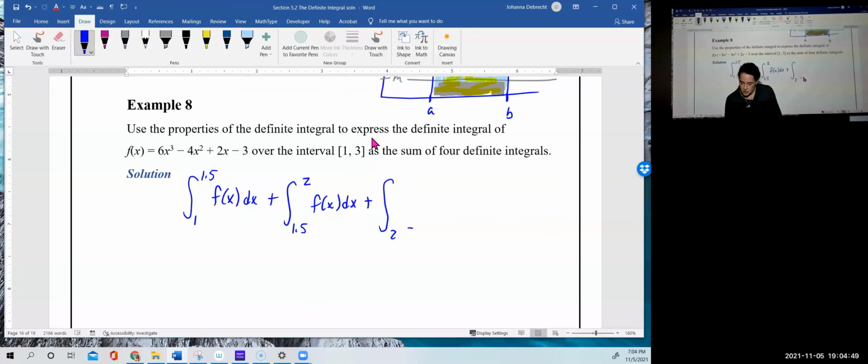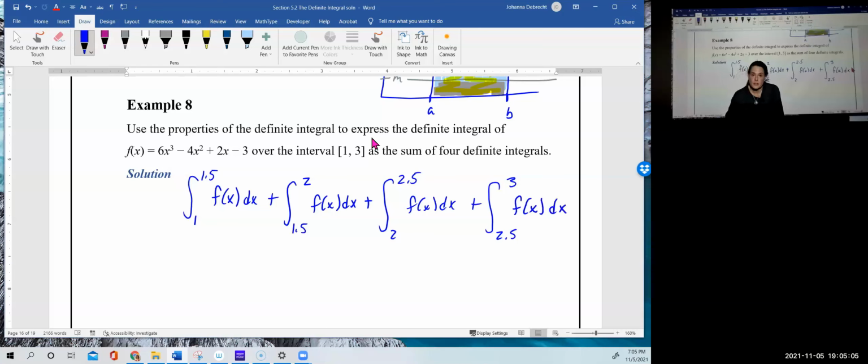So I need to start at 2 and go to 2.5 of f of x dx plus I could do the integral from 2.5 to 3. I've still covered the same region from 1 to 3. And this is one way to do it.